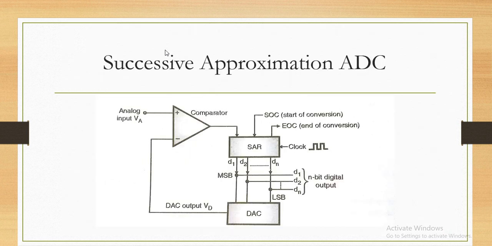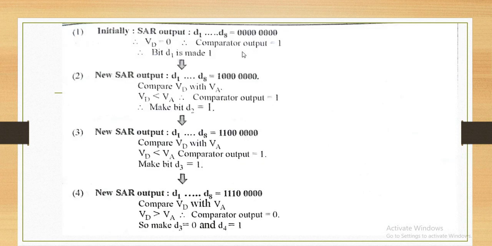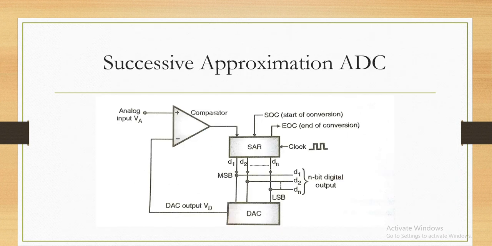So that's why VD is 0, because as the 8-bit inputs are 0, VD is 0. Now this 0 is applied here, and as 0 is applied here, what will happen? Comparator output is 1. And as soon as we receive the start of conversion signal, and as the comparator output is 1, it will set this MSB bit as a 1.